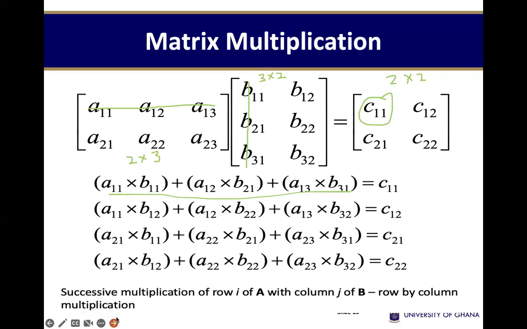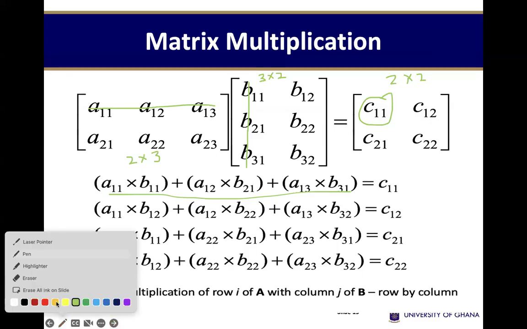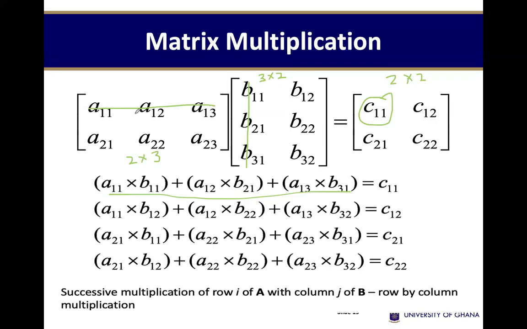Now, with that said, we can now move on to look at the next thing, which is now going to be the same as A11, A12, A13 going to the second column here. So what do we have?